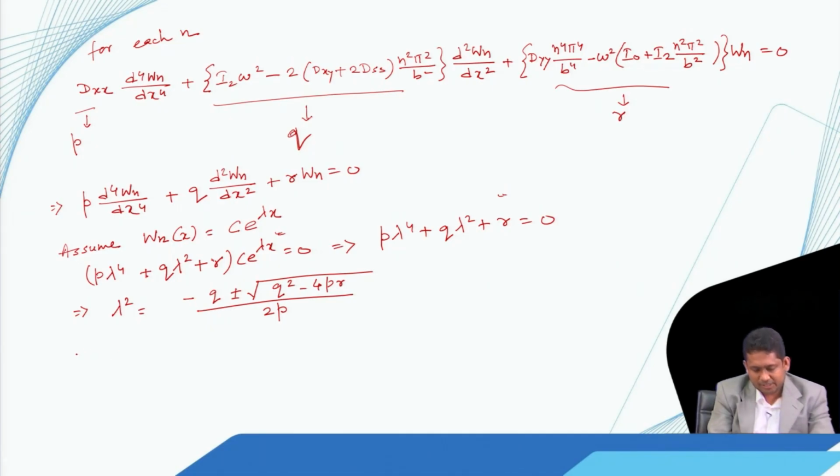So finally we get lambda 1 equal to, if I take the minus sign here, then it becomes minus q plus root of q square minus 4pr by 2p, and then I have root, half to the power half.